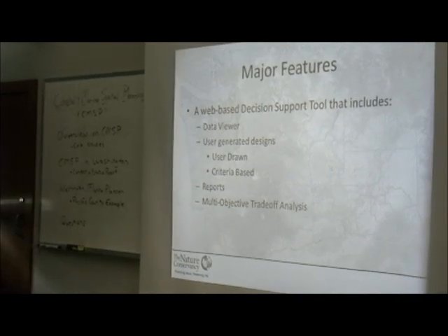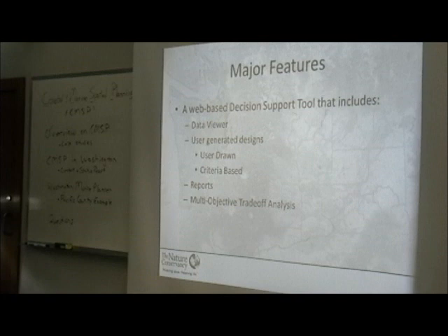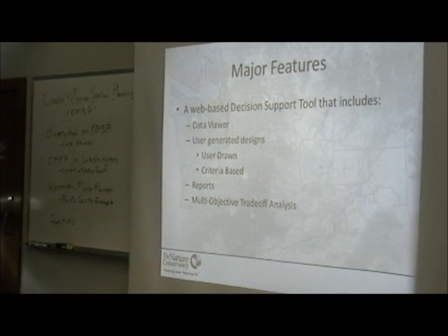Again, it includes this data viewer. In general, stakeholders can generate designs or areas of interest, or site designs as they're also called. They can be arbitrarily delineated based on a particular area of interest, or it can be more focused and driven by some analytical criteria that identify a particular place for, let's say, offshore wave energy based on distance to shore or depth of water, or the wave potential out there.